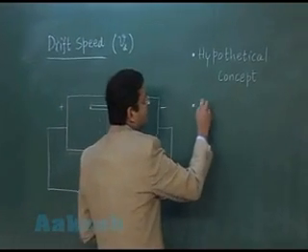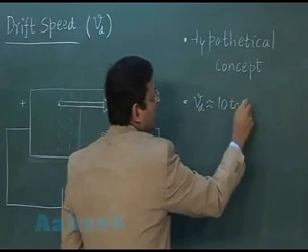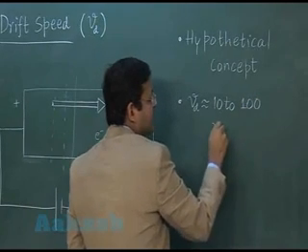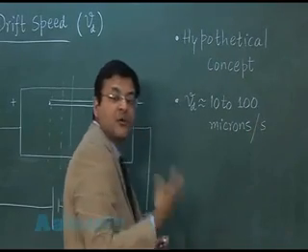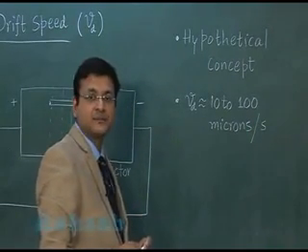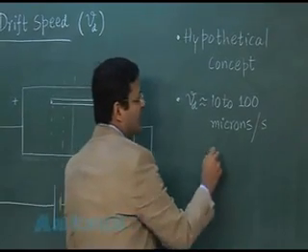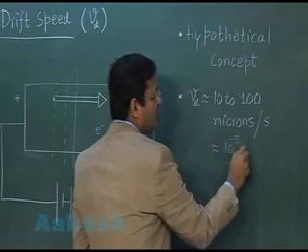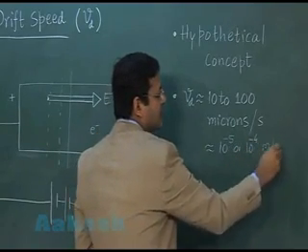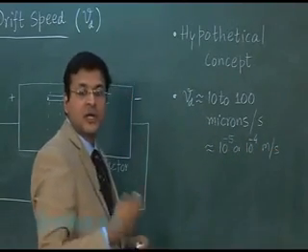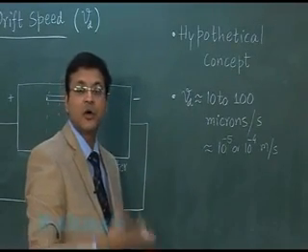Its value, the value of drift speed, we approximately understand as 10 to 100 microns per second. You understand what is the meaning of microns? Microns means 10 to the power -6 meter. So overall its value is very small, approximately 10 to the power -5 or 10 to the power -4 meter per second. I have written this value because in your exam also regularly we ask what is the numerical value, approximate value, what is the order of drift speed.